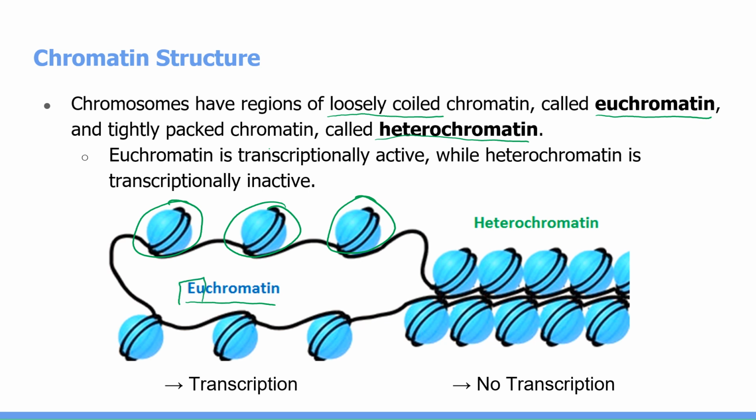So boom, there we have it. It is being transcribed by RNA polymerase. Now, the other one is tightly packed, which is heterochromatin. So sort of chromatin. It's chromatin, but sort of, and it's transcriptionally inactive. Because it's tight, there's no room for that RNA polymerase to go in and transcribe it properly.